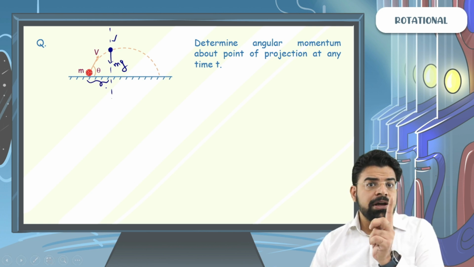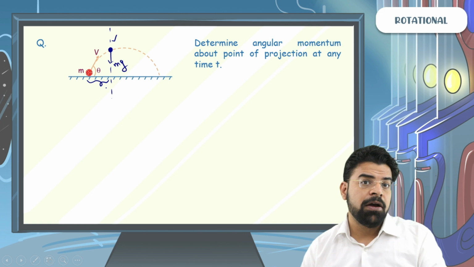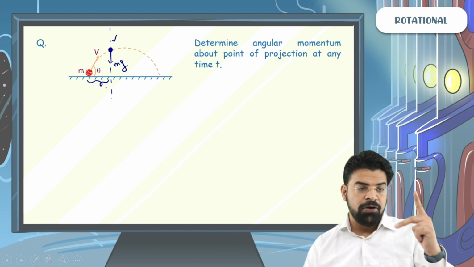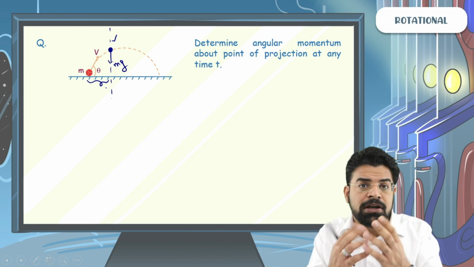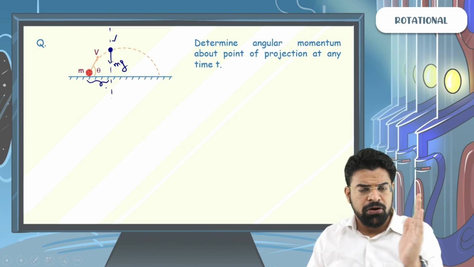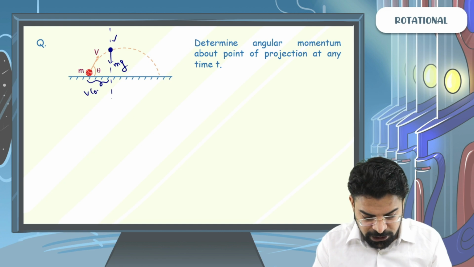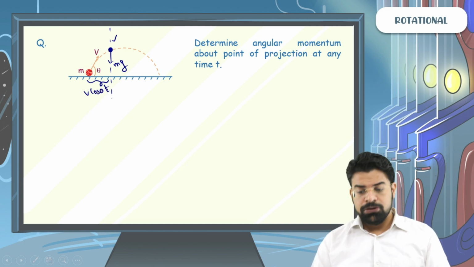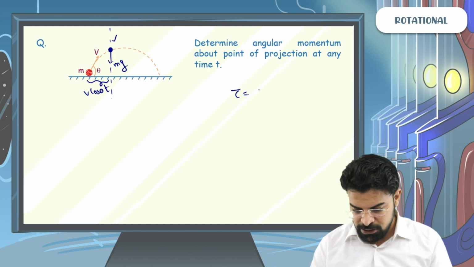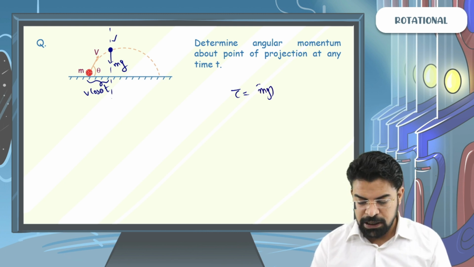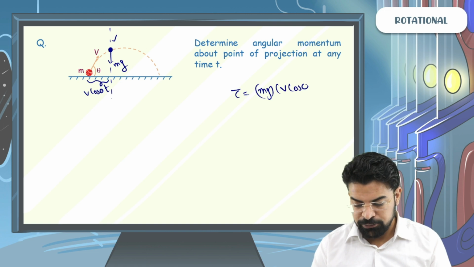In any time t, how much horizontal displacement would the particle have made? The horizontal velocity is constant, v cos theta, as there is no acceleration in the horizontal direction. So in time t, the horizontal displacement will be v cos theta times t. So the torque about the point of projection at any time t will be force times perpendicular length.